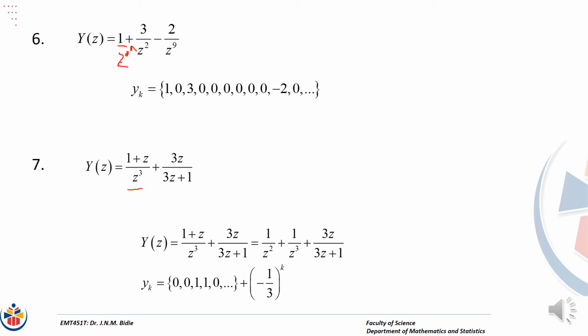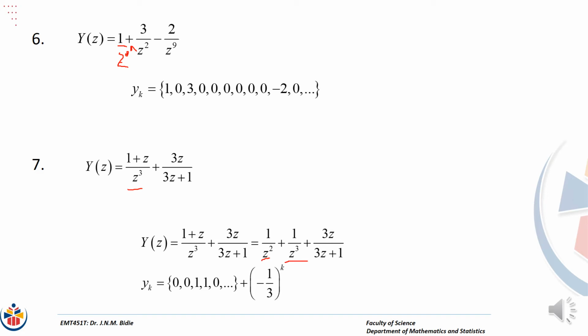Note then that z over z cubed gives us 1 over z squared. So you end up with 1 over z cubed and 1 over z squared. But it has to be written in an appropriate order. Hence, we start with 1 over z squared, followed by 1 over z cubed, and then 3z over 3z plus 1.